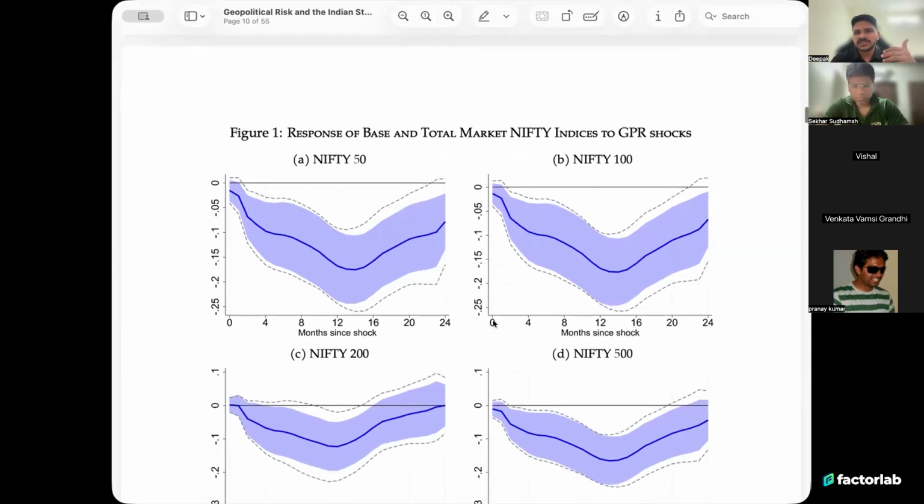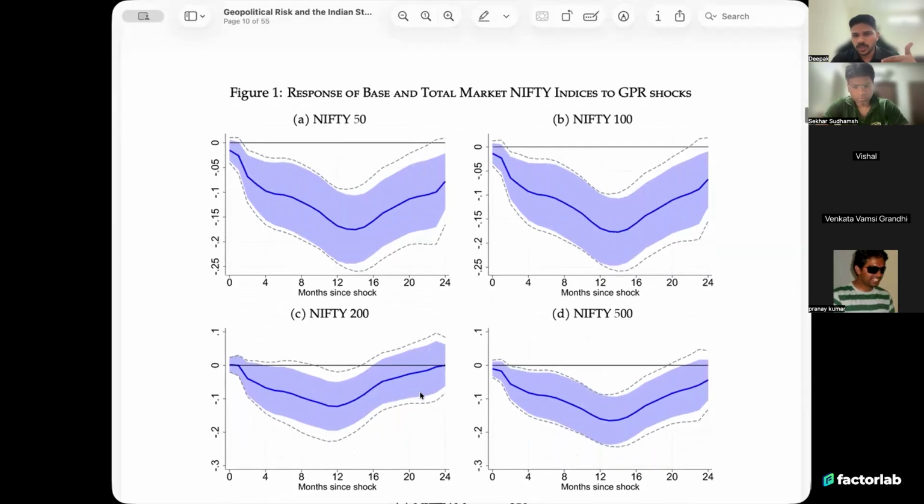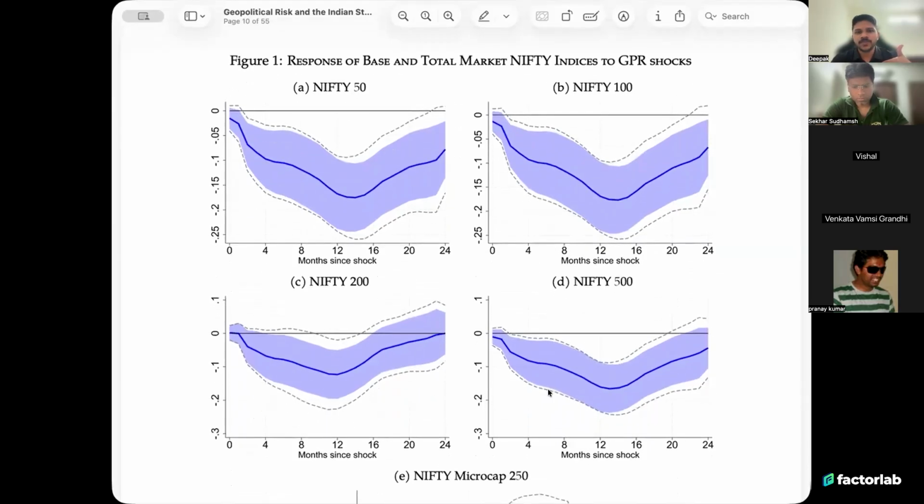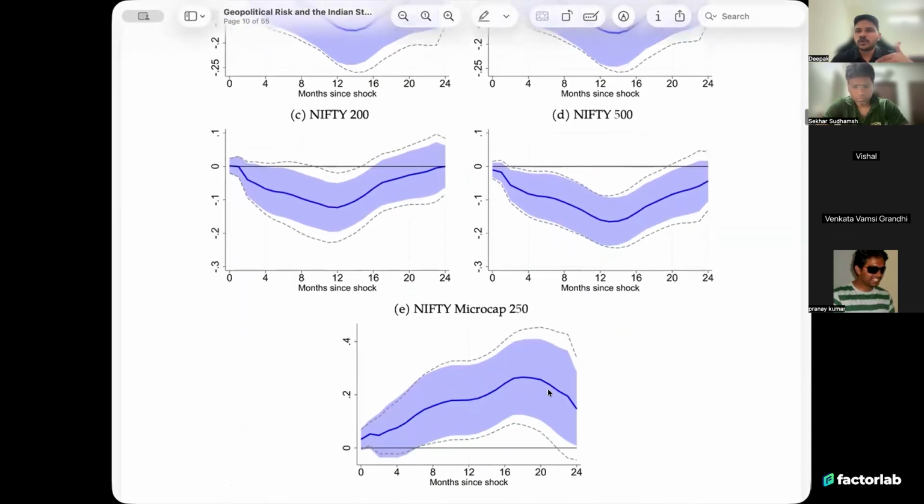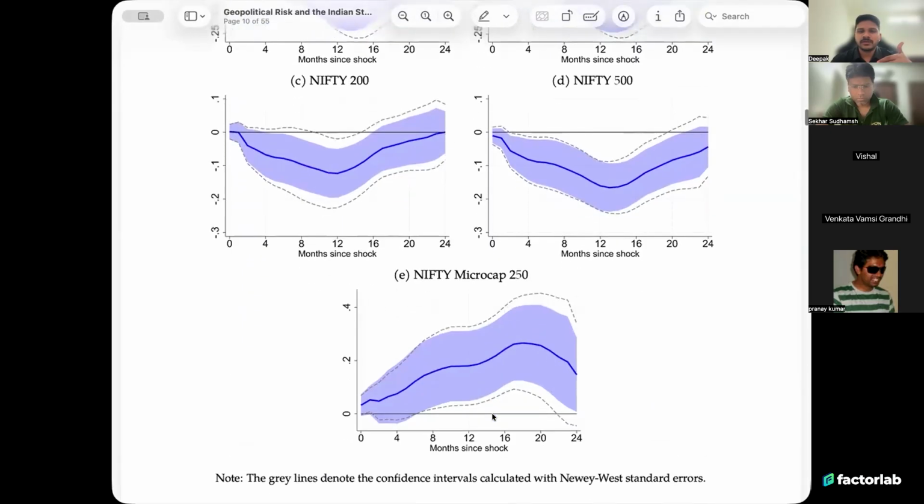We see the same thing with Nifty 100, 200, and also Nifty 500. But when you look at Nifty micro cap 250, you see a reverse phenomenon happening. It actually does well during these geopolitical shocks.